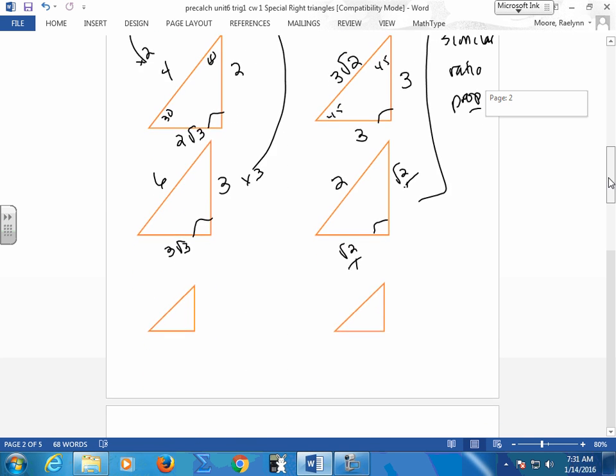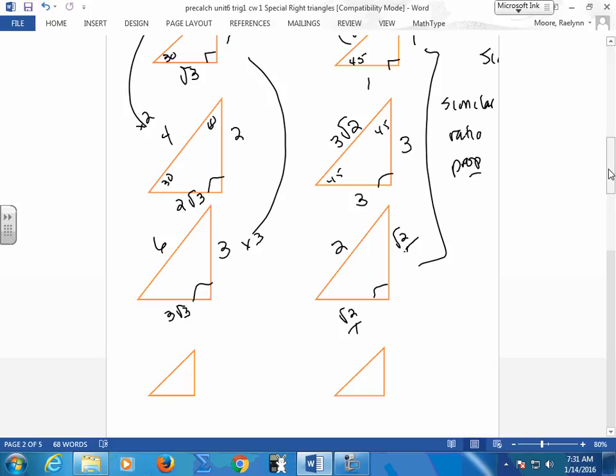Okay, now, the last one we're going to do is this one. Let me label again. I want my hypotenuse to be 1. So 1/2 is off the 30.